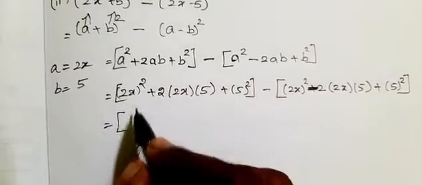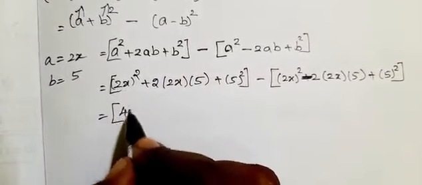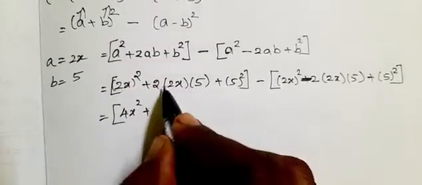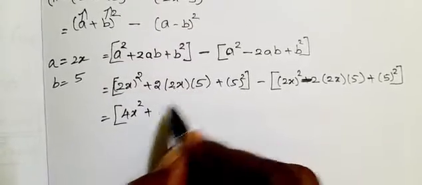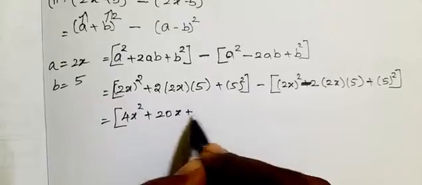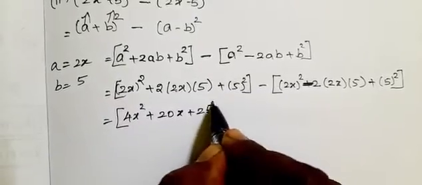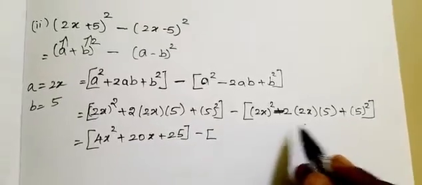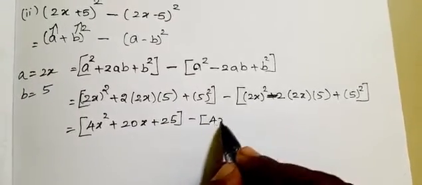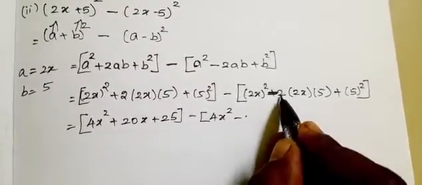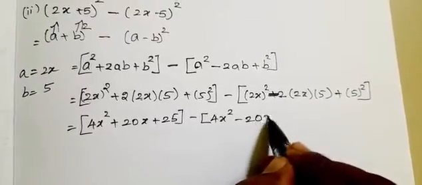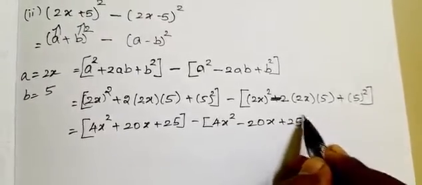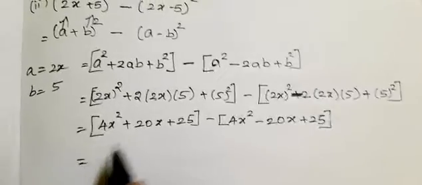Let us simplify this bracket. 2 2's are 4x² plus 2 2's are 4, 4 5's are 20x plus 5 5's are 25, minus, again let us simplify this: 4x² − 20x + 25.